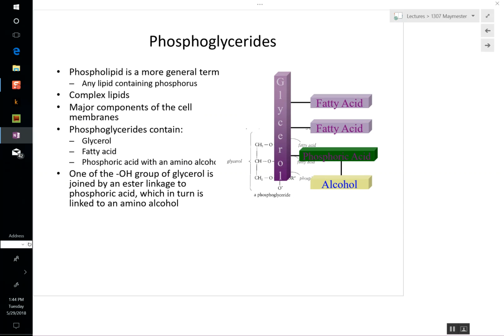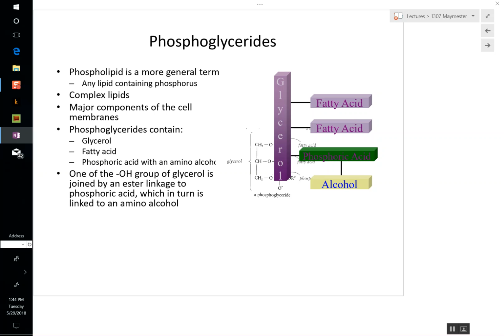Okay, now we're going to shift on over into phosphoglycerides. Remember that simplified triglyceride? This slide has something overlaid on something else, so sorry about this. But here's the thing to think about. So glycerol, 2 fatty acids, and then a phosphate group with something on it.